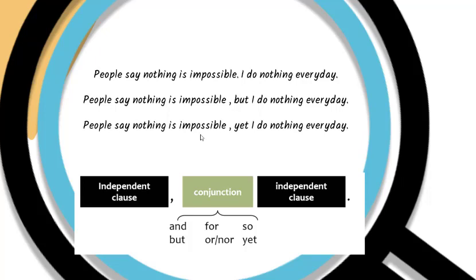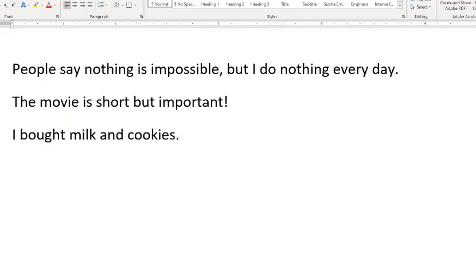In some instances, we will use "and" and "but" without the comma because what we're doing is actually not using it to combine sentences. So let's take a look at that. In this example, we have "people say nothing is impossible, but I do nothing every day," just like we saw earlier.